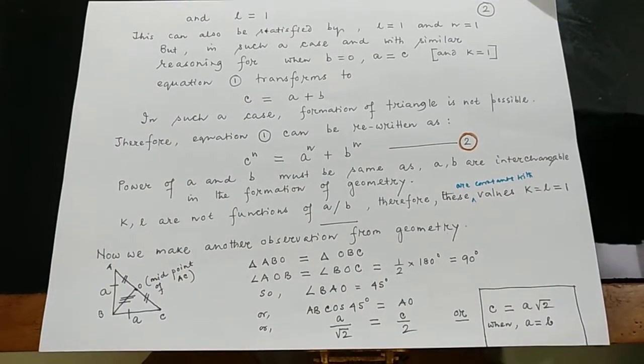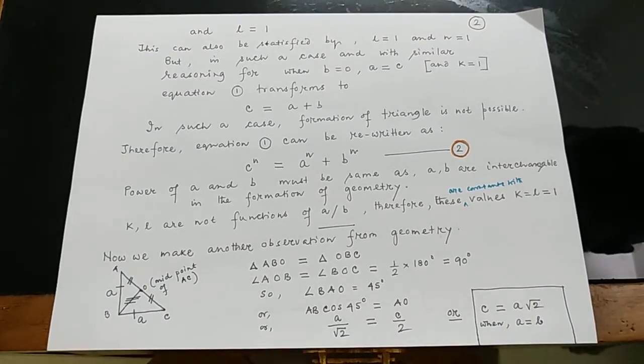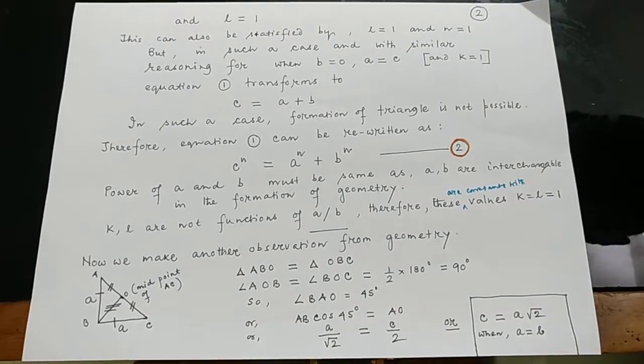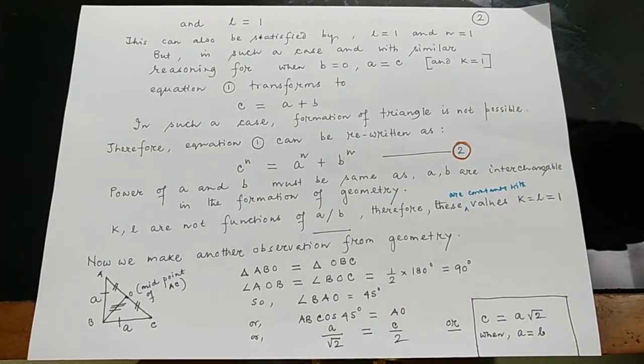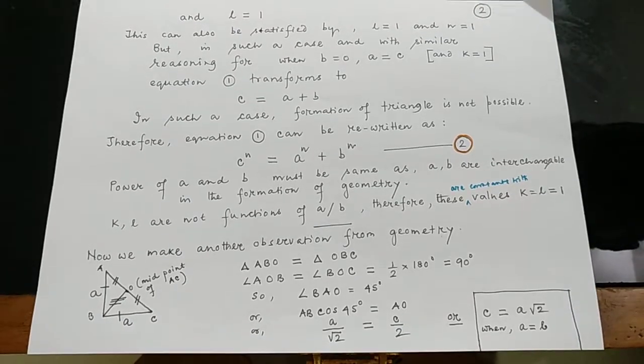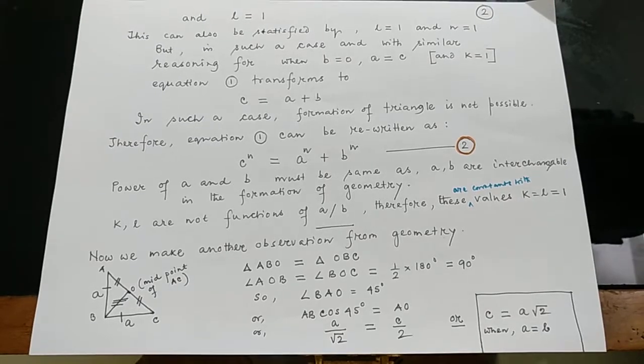But in such a case, formation of a triangle is not possible, as to form a triangle, c should be less than a plus b. So n equal to 1 is not a feasible power of either a or b.